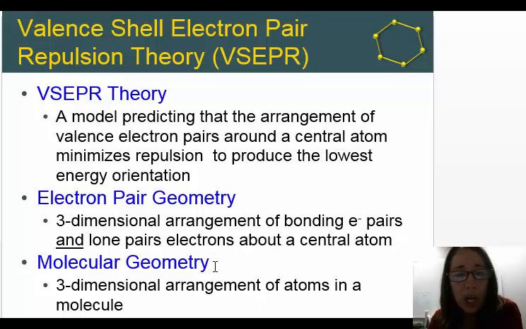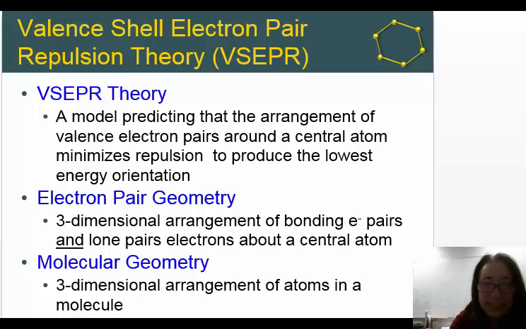So molecular geometry is determined by electron pair geometry, and we'll see that in a little bit. But these can be the same, and they can be different. So it's important that you understand the difference. Electron pair geometry is just where the electron pairs are around the central atom, and molecular geometry is how the outer atoms are attached.